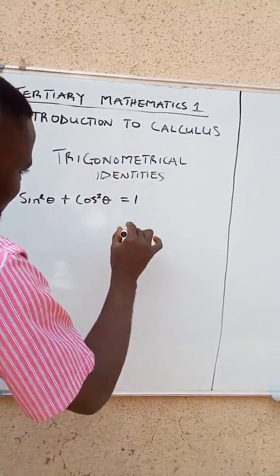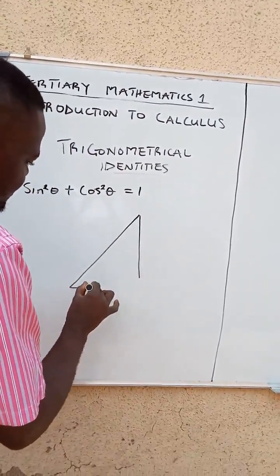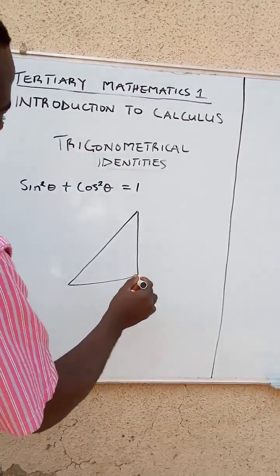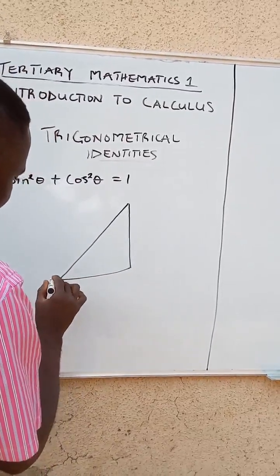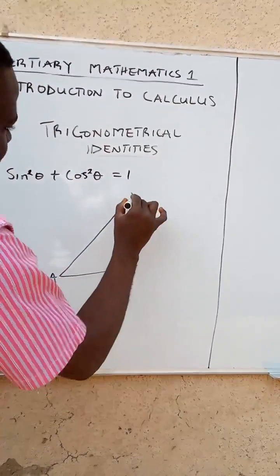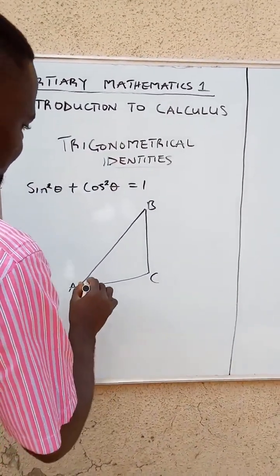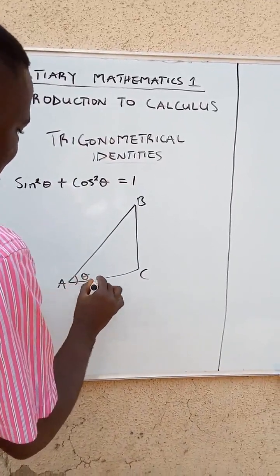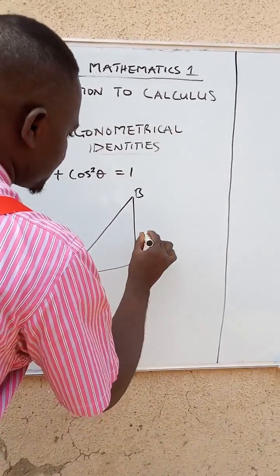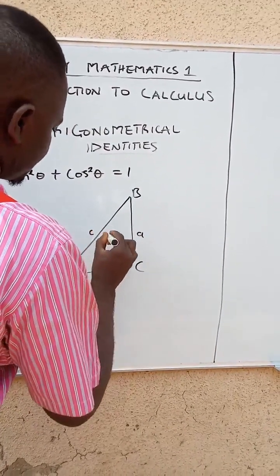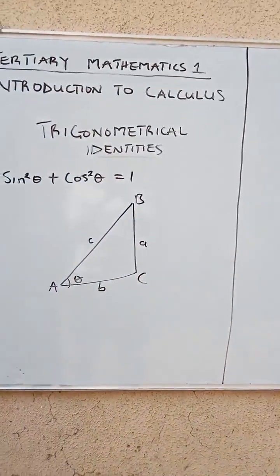We have something like this. We have this place to be A, B, and C. If this angle is theta, then we'll have the sides to be small a, small c, and small b. Good.